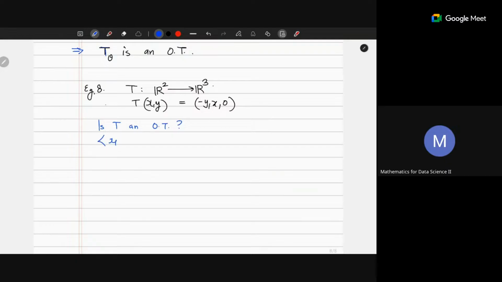So I need to check x1 y1 dot product with x2 y2, which you already know, is equal to T of x1 y1 dot T of x2 y2.